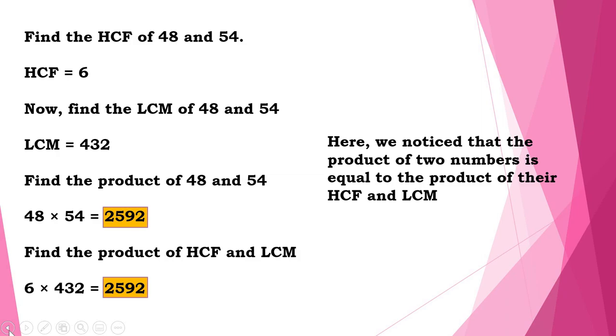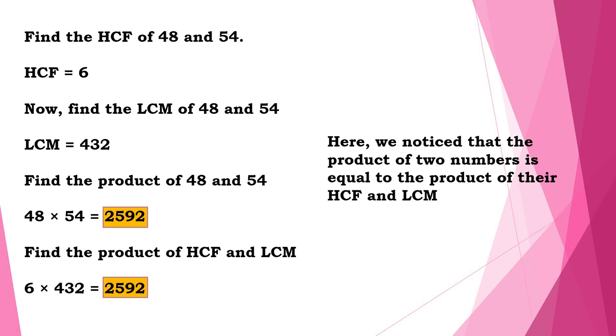Now one more thing. You observe here that the LCM is 432, right? And HCF is 6. Okay. So is LCM divisible by HCF? Yes. It will give 72 as the quotient, right?